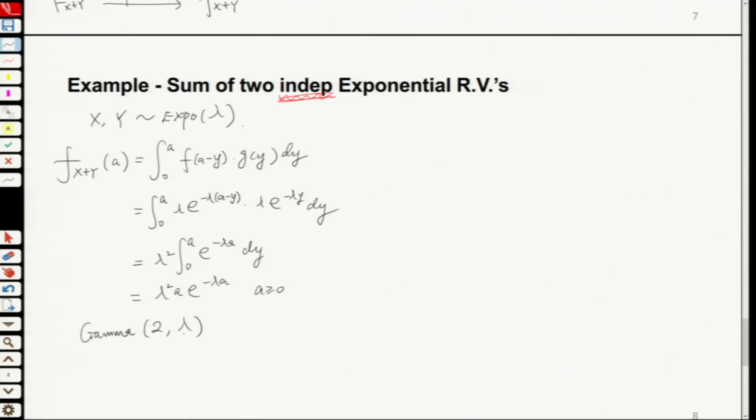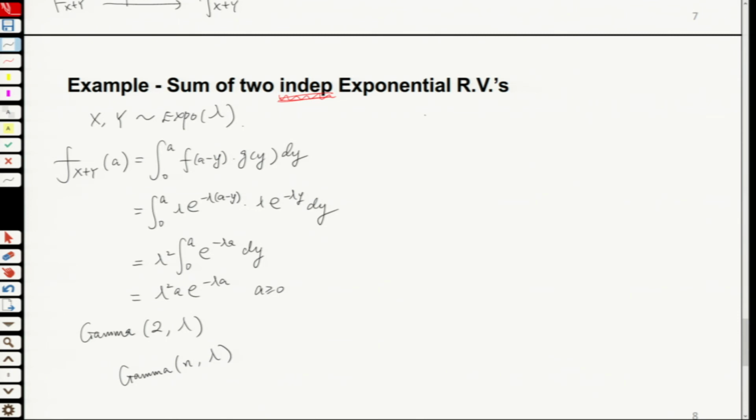In general, gamma n lambda is what you get when you add n exponential random variables together.